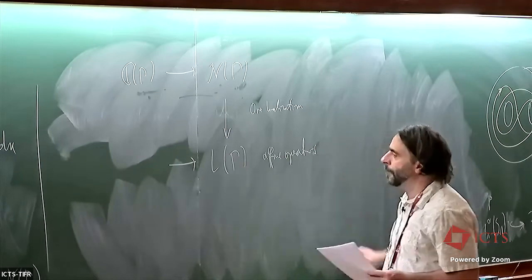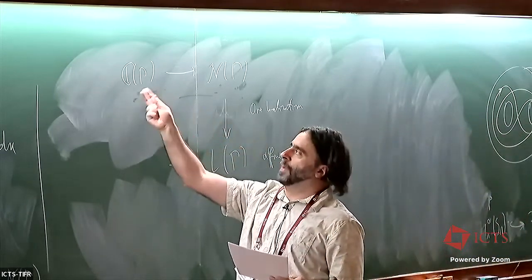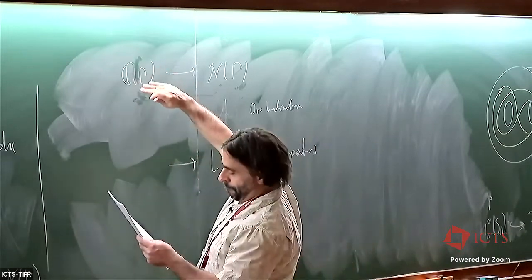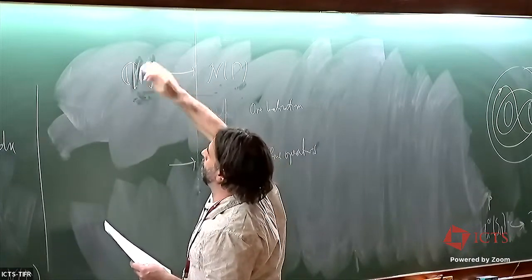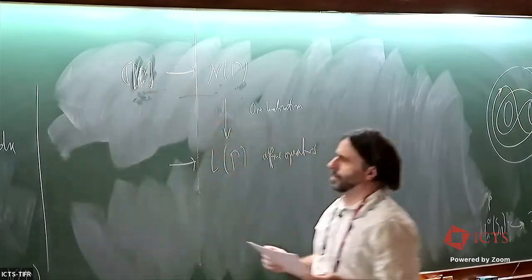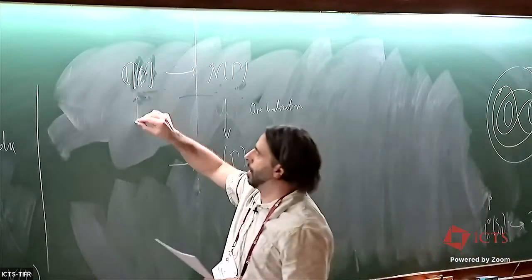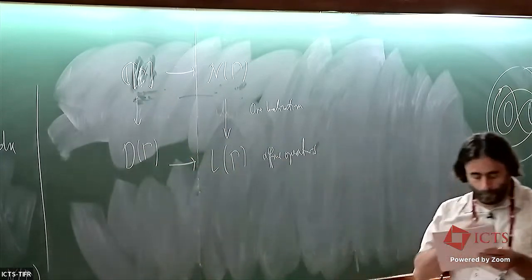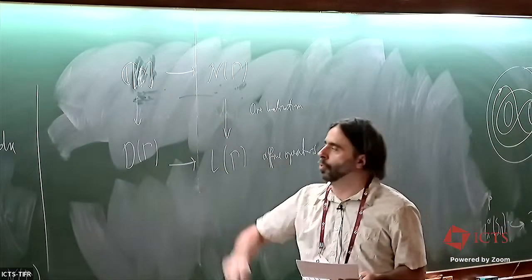So this one is better to deal with. And this is the group algebra, the group ring. And there is here an intermediate ring called the division closure of the group ring.